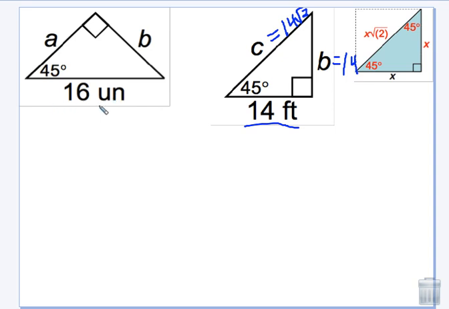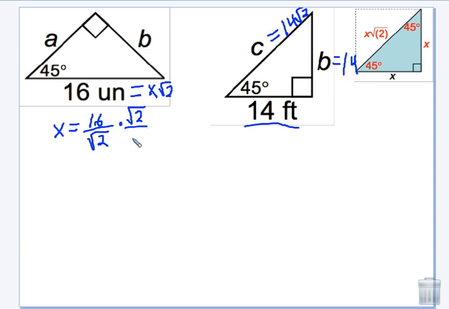It's a little bit more complicated when you know the side length of the hypotenuse. Well, we know the hypotenuse is x times the square root of 2. So that means that our x is going to equal 16 divided by the square root of 2. And again, we've got a square root in the denominator.